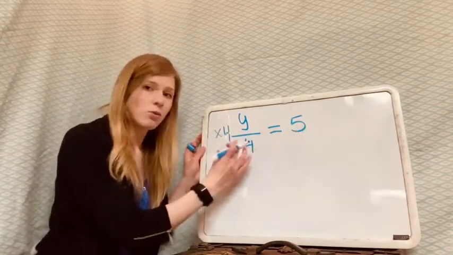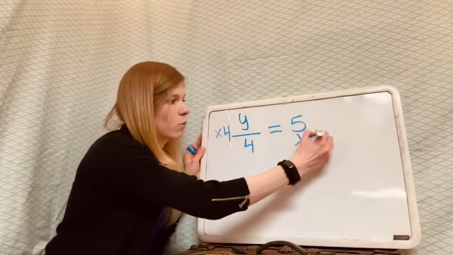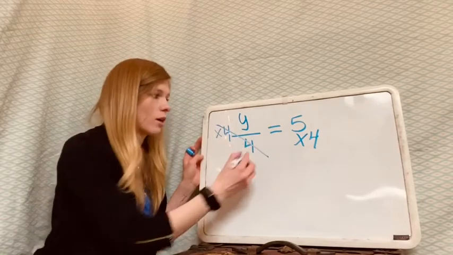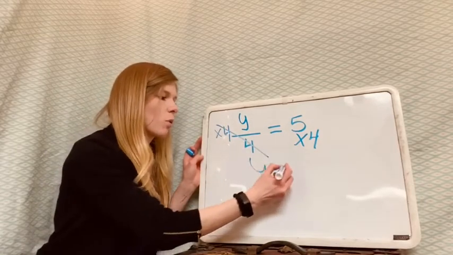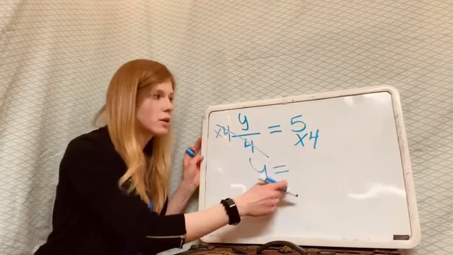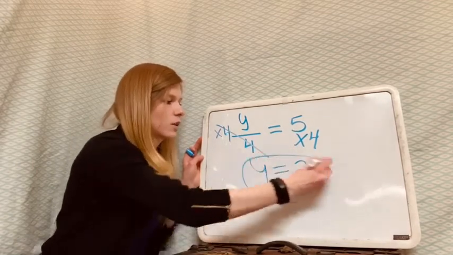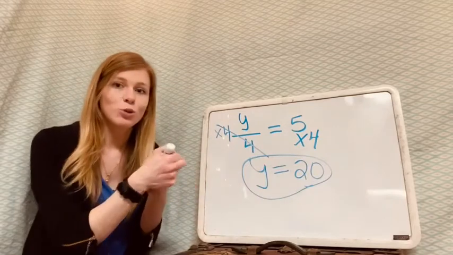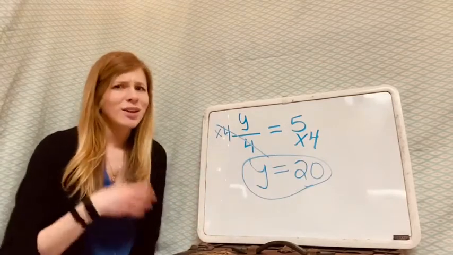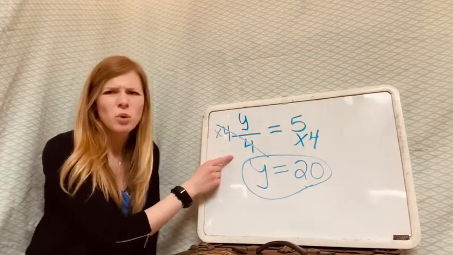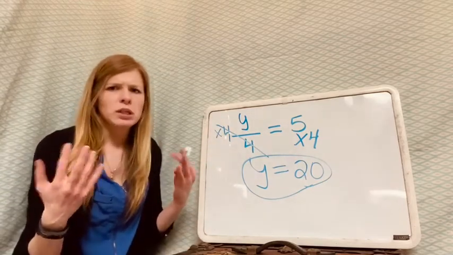If I multiply by 4 on this side, I have to multiply by 4 on the other side. These 4's cancel out, so I'm left with my variable y. I bring down my equal sign. 5 times 4 is 20. So y equals 20.